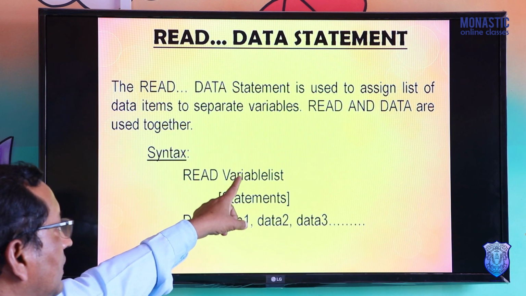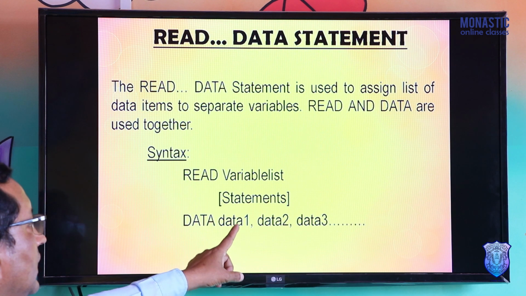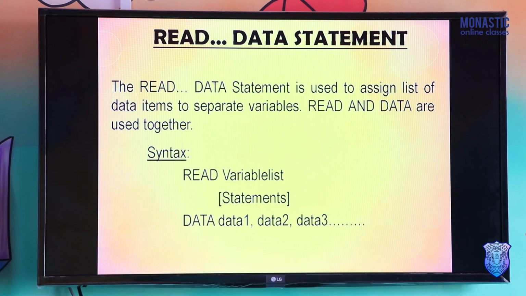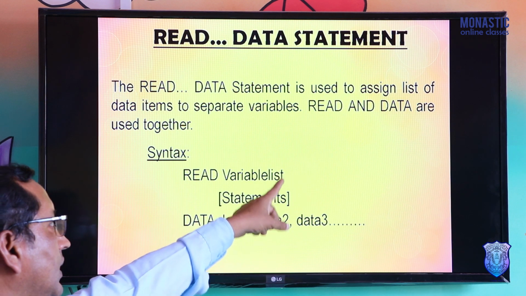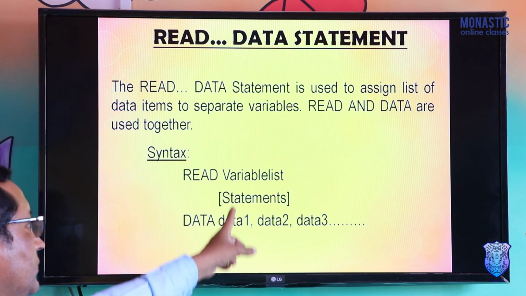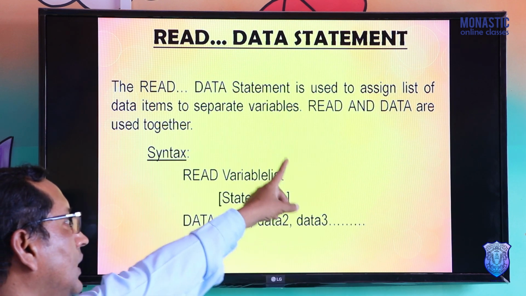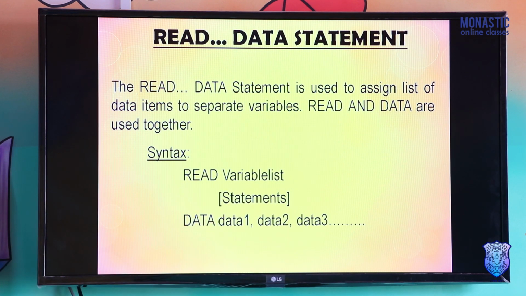According to the first variable, the data items will be mentioned. Suppose P, T, R: the 3 lines we can work together. Read P, T, R. And in the data, first principal, thereafter time, thereafter rate, according to the respective variables.